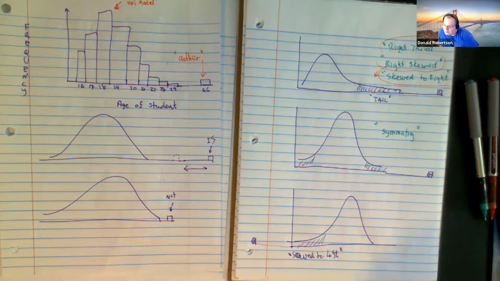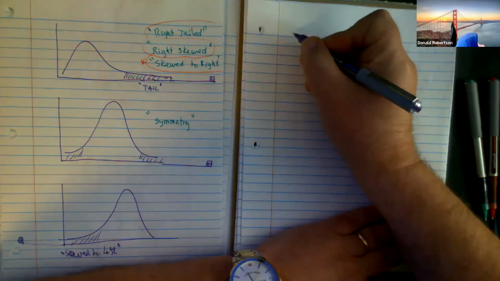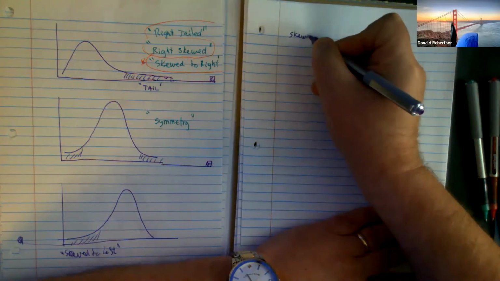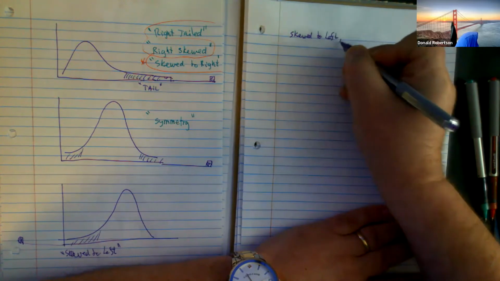Cool. Now, I'm going to write down a description of a histogram in English. This particular one is skewed to the left. It's unimodal.